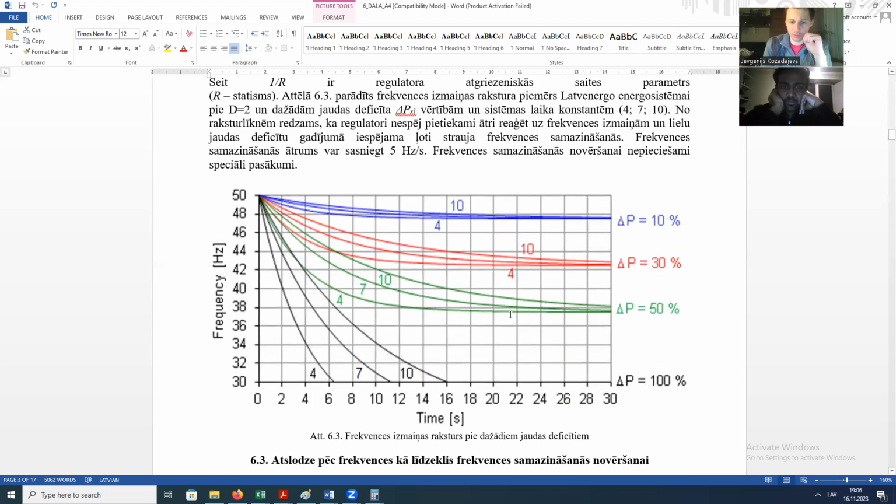And for example, here we have another feature about the frequency deviation. Standard frequency deviation for a power system. Of course, power systems are different with different power. That's why we can't discuss the power values, but we could discuss the power deviation in percent.